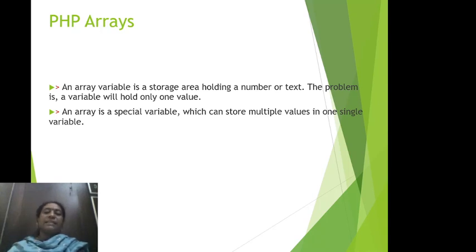Next we move on to PHP arrays. We already know an array is a collection of similar elements. A variable is a storage area holding a number or text, but the problem is a variable holds only one value. Each cell must have only one value. An array starts from 0. An array is a special variable which can store multiple values in one single variable.